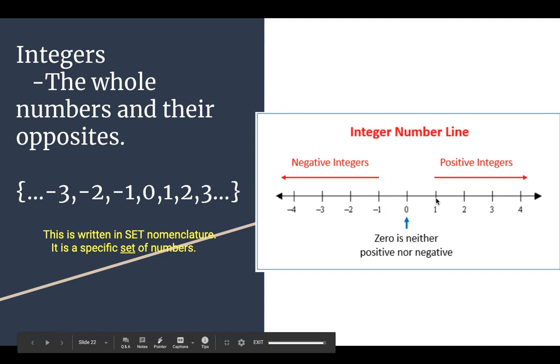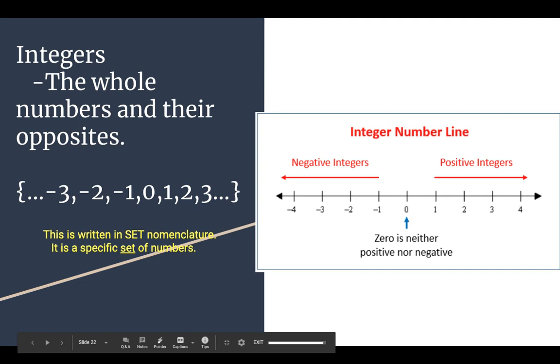So you have 1, 2, 3, 4 on going for the positive numbers, and then you have the negative numbers there, which are integers. Integers are whole numbers and their opposites, which means that 1/2 is not really an integer. It's not a whole number. So fractions and decimals don't have to be considered in this. Thank goodness, that would make things a little more difficult.